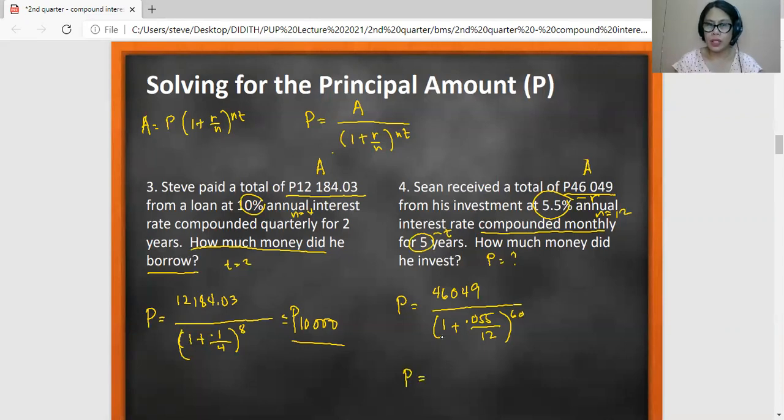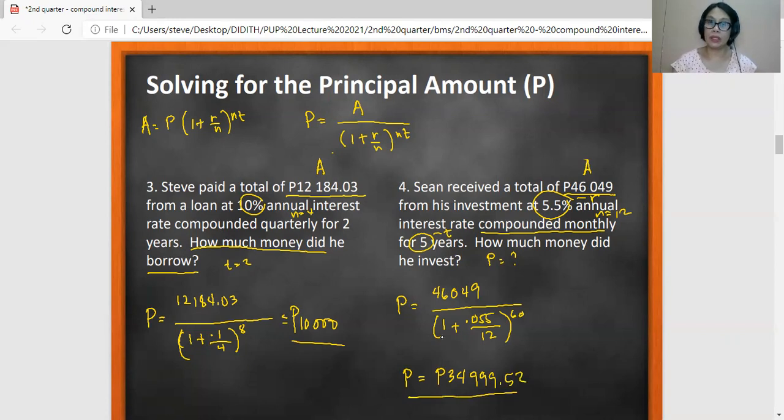So the amount of money invested with a total amount of 46,049 will be equal to 34,999.52.